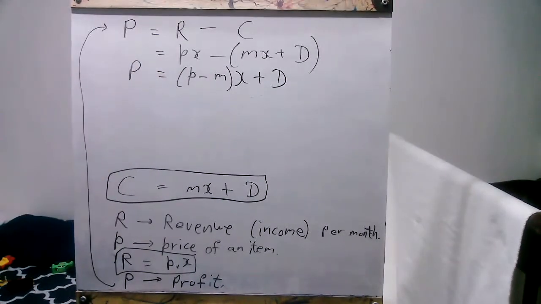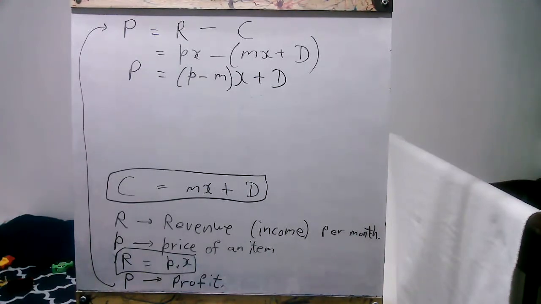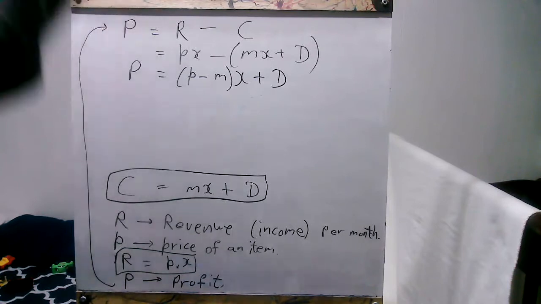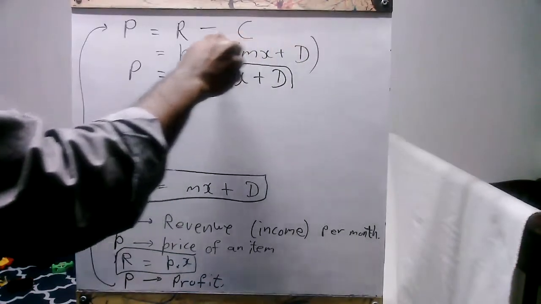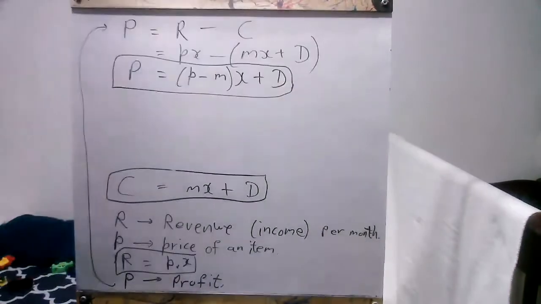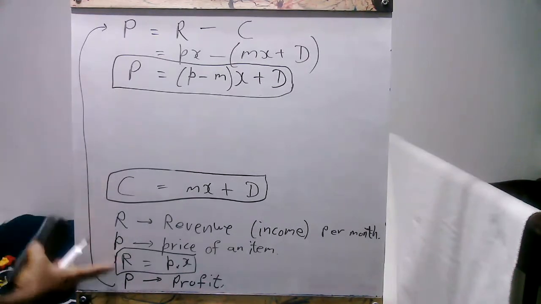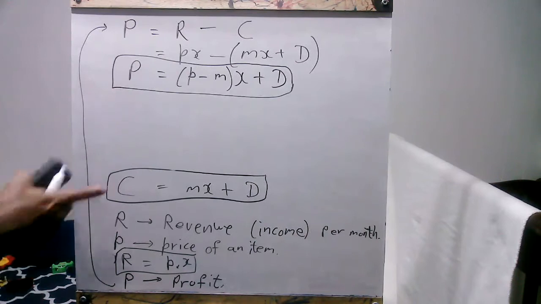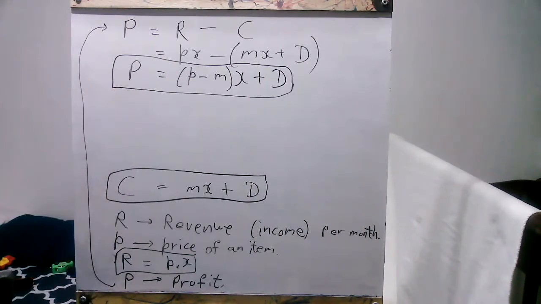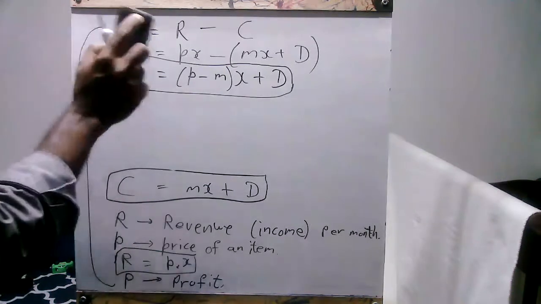This is the profit equation. Okay. Now let's see graphs of these three: cost, revenue and profit. Especially cost and revenue, let's see first on the same graph.